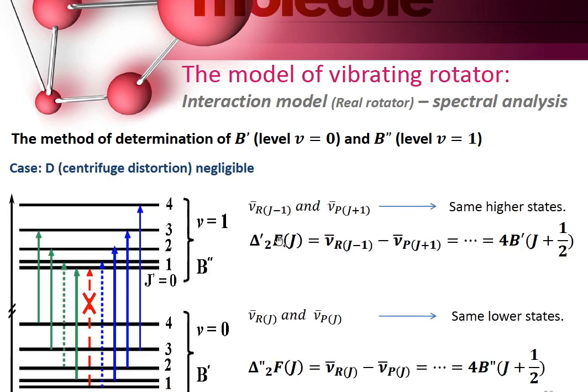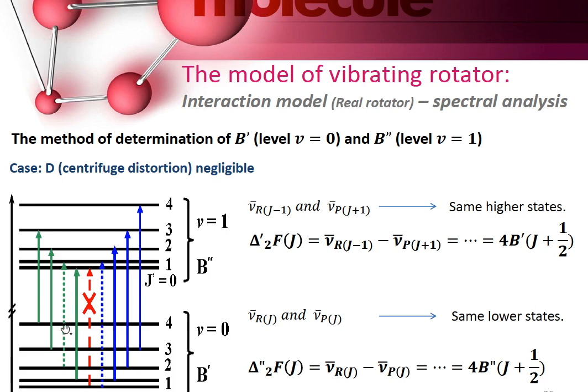So again, I recall we are in the real rotator, so there is interaction. There is interaction means the B values for different vibrational levels are not the same. Now you see you have the first vibrational level V equals 0 and the second vibrational level V equal 1. Because we are considering this interaction model, the real rotator model, for all these lines the spectral term should be B prime, and for all these lines the spectral term should be B second, because B is different.